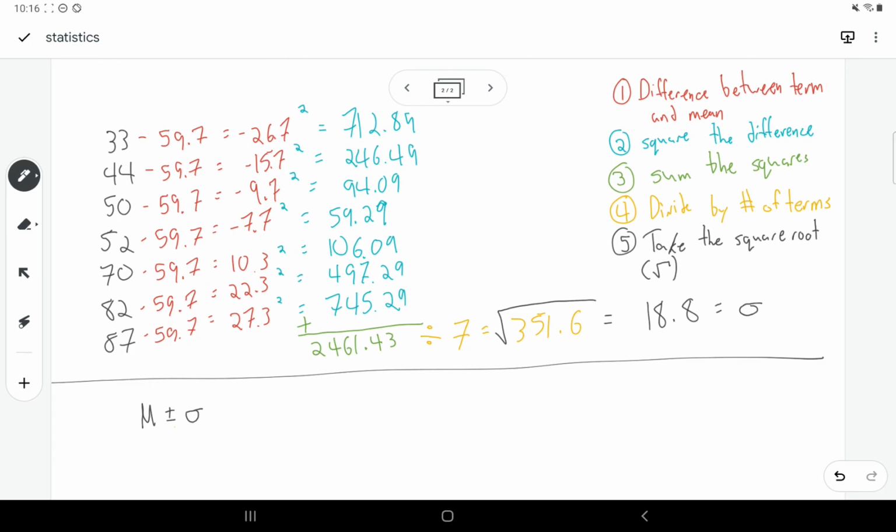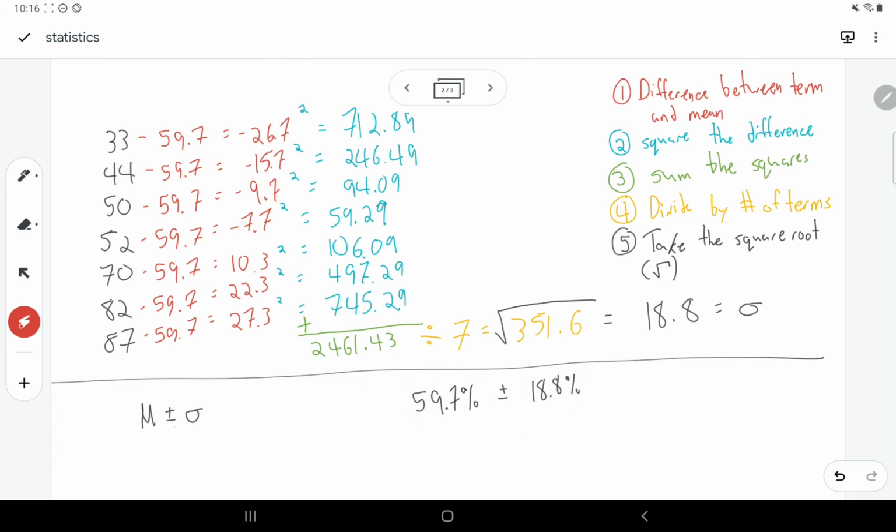And we'll look into later about distribution and how to look at a normalized distribution, that sort of thing, but just writing it this way, our mean was 59.7%, and then we do plus or minus our sigma, 18.8%.